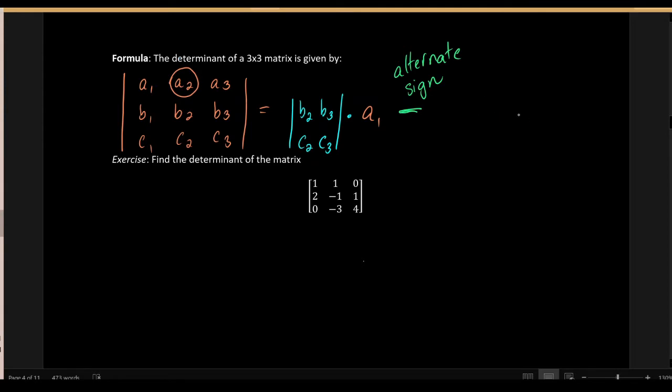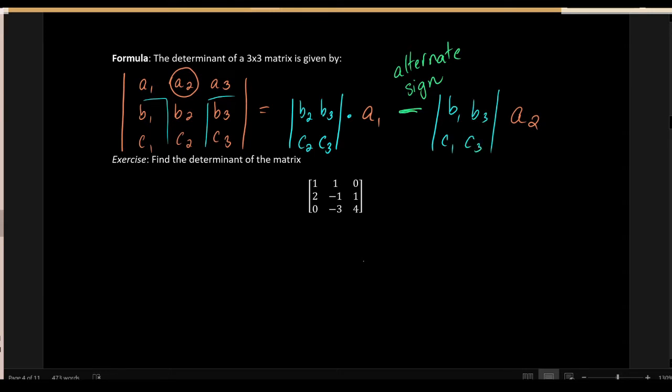Take the number A2 and multiply it by the determinant of the matrix that you get when you eliminate the column and row containing A2. If I eliminate the column and row containing A2, all that's left is B1, C1 and B3, C3.